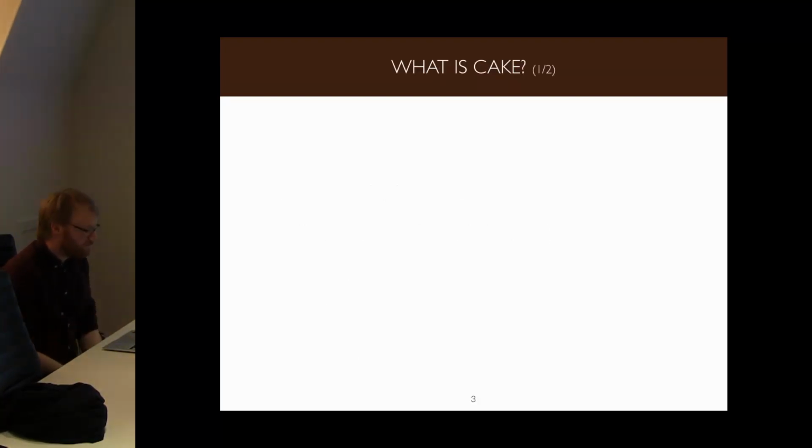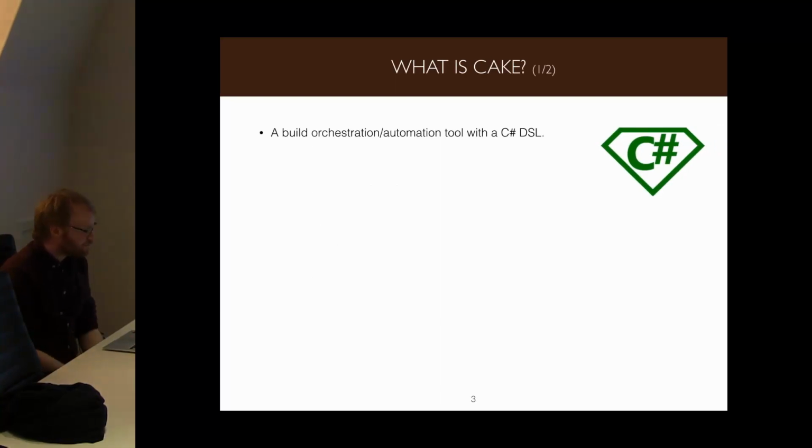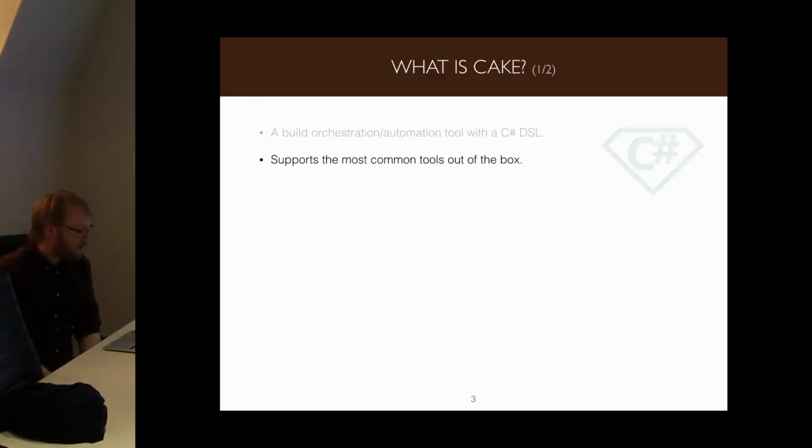Okay, let's start. So, what is Cake? It's a build orchestration and automation tool that uses a C# DSL and supports the most common tools for a .NET developer out of the box.